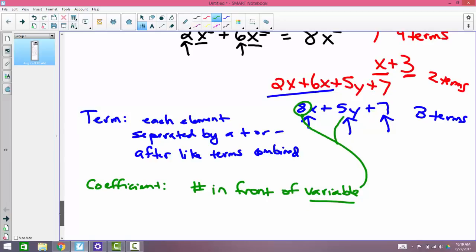The coefficient of y is 5. It's just the number in front. If there was just a letter like this, x plus 3, the coefficient of that is 1, because you can always put a 1 in front of a letter and nothing changes. All right.